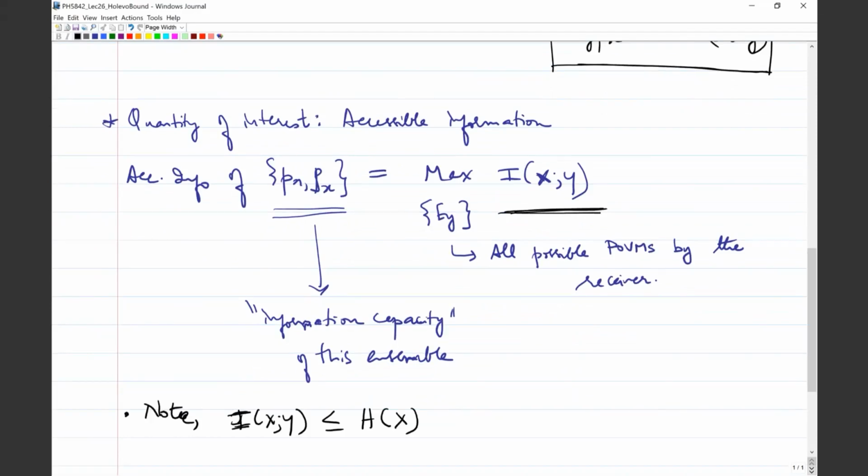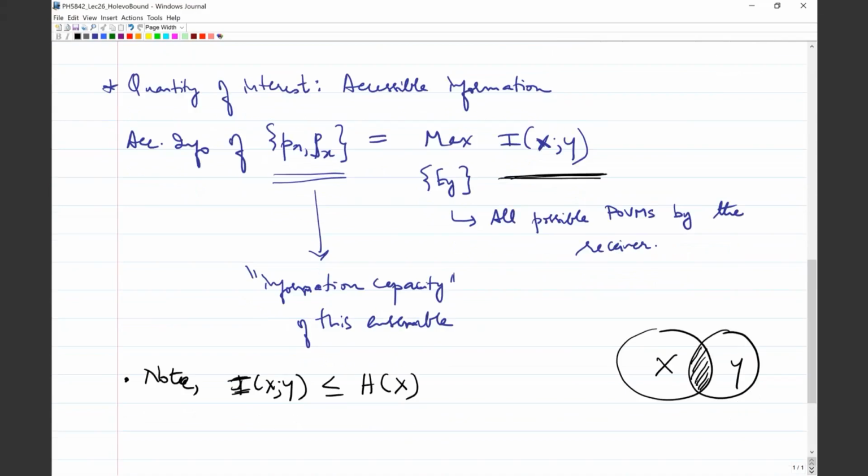If you recall this sort of diagram that we had, x, y, you know that the mutual information is sitting somewhere here. The maximum that this mutual information can be is as large as Hx itself, right? And this happens when you can perfectly decode whatever has been sent, and this is indeed the case classically, right?